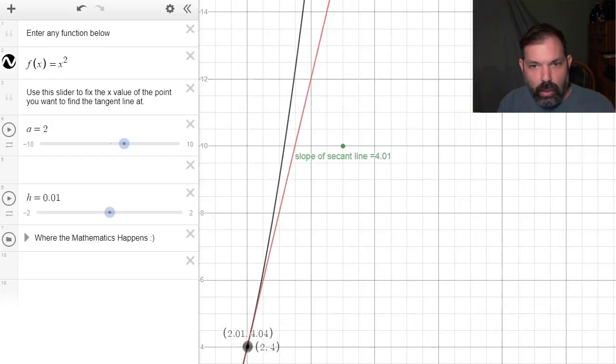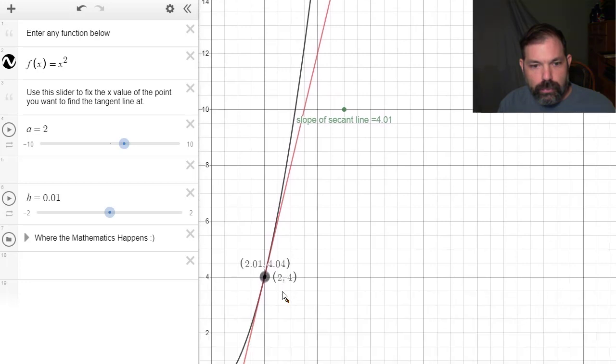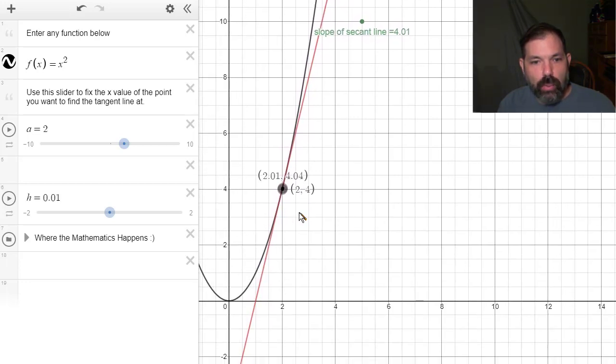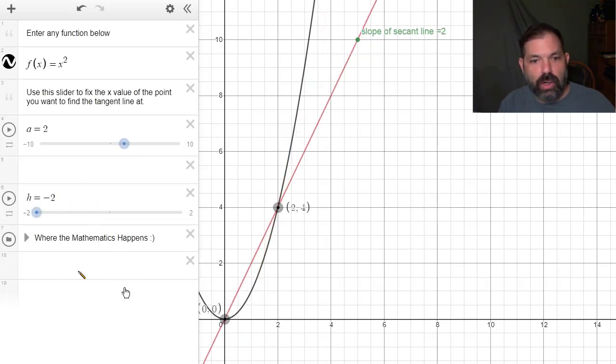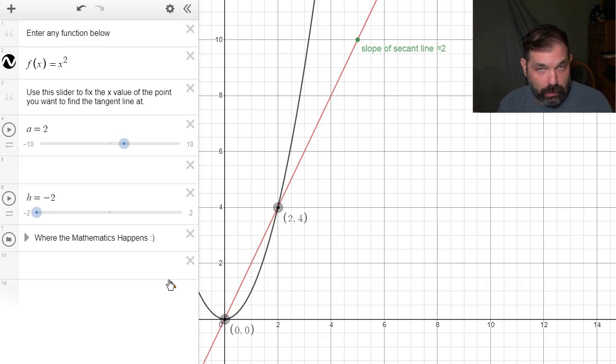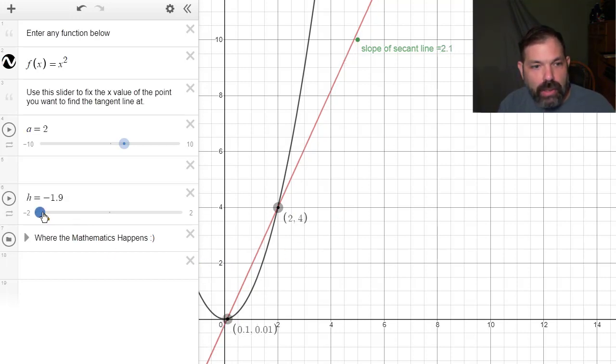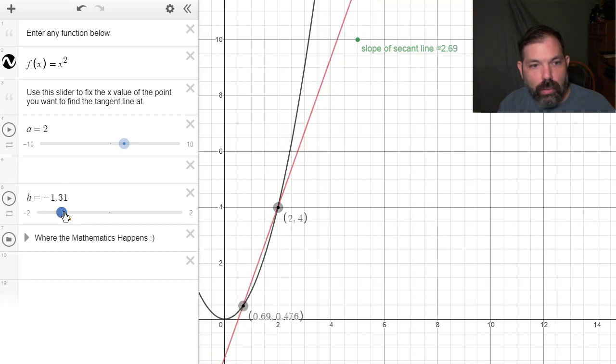Let me zoom back out. So now what we're doing is saying we still have a equal to 2, but now my starting point, my h, was 2 to the left, so it was at 0. And notice that the slope of the secant line is 2. That matches what we got numerically. And then as we drag this h value to 1, look what happens to the slope.